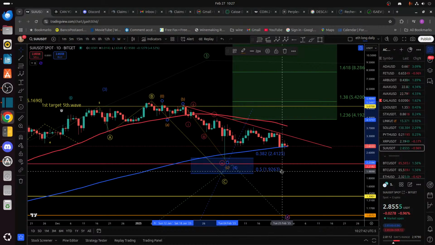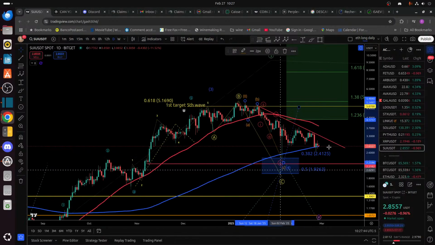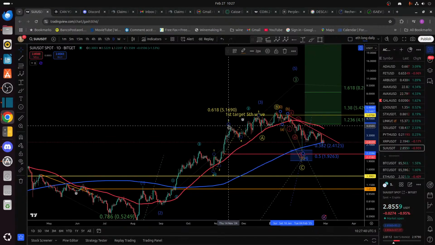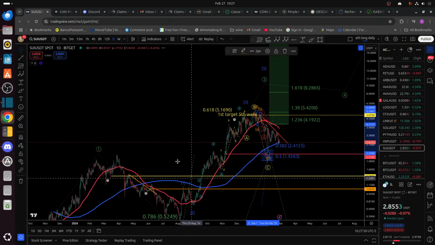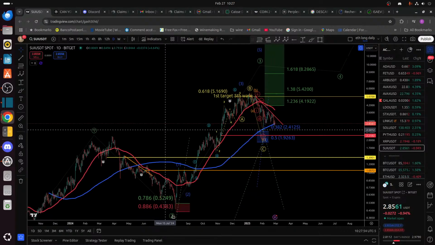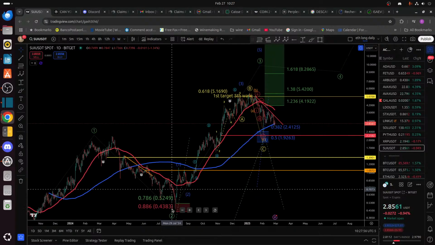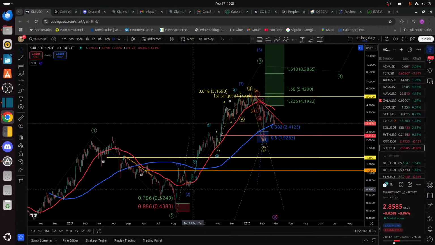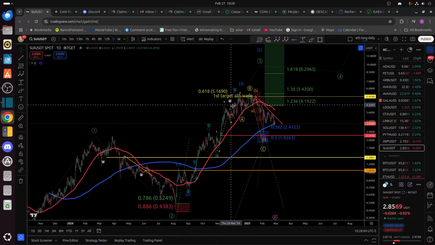I mean, there is always a way, but then I will have to modify my count and say this was a B, and a C, and this is why we now have a 5-wave up.